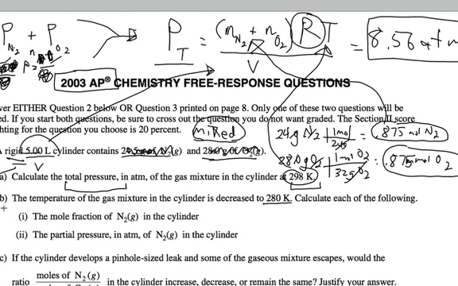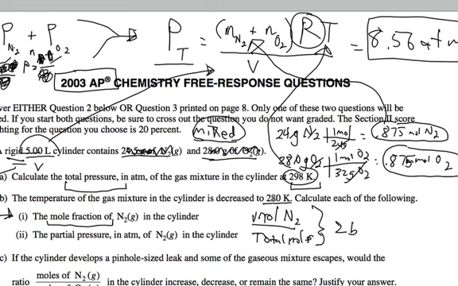In this first problem, it says calculate the mole fraction of N2 in the cylinder. So the mole fraction is simply the moles of N2 over total moles.